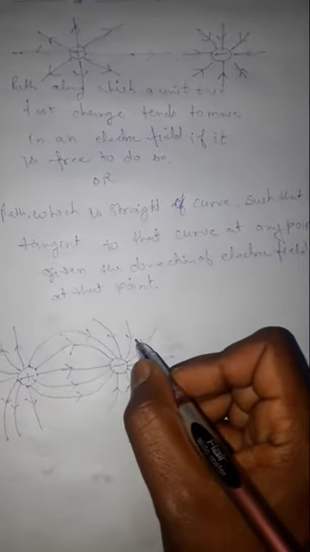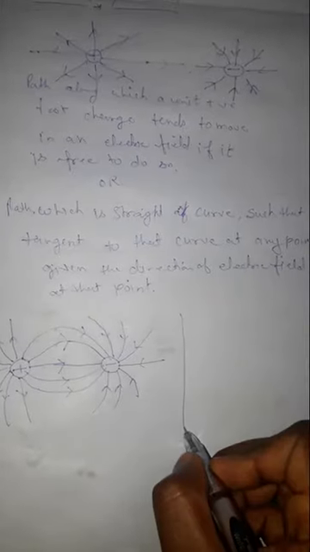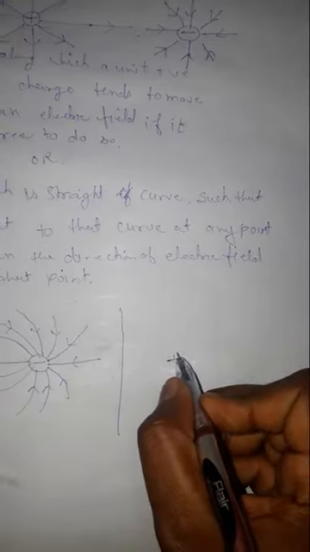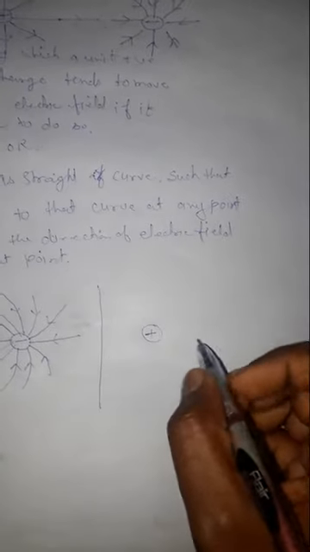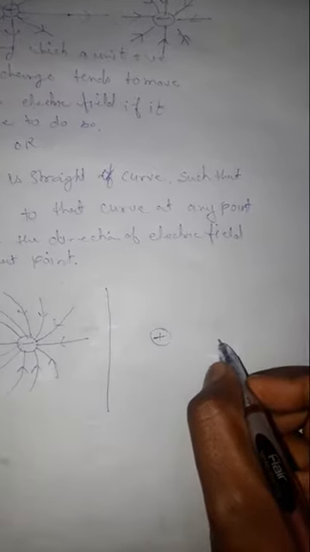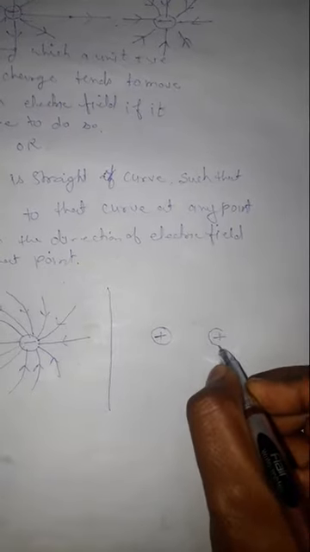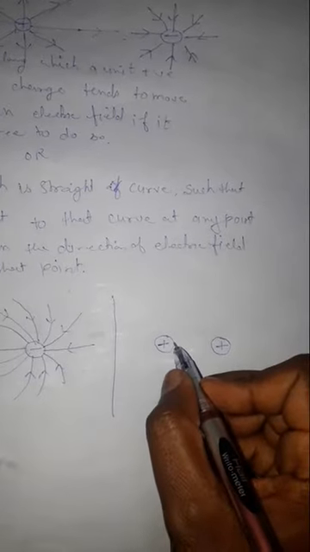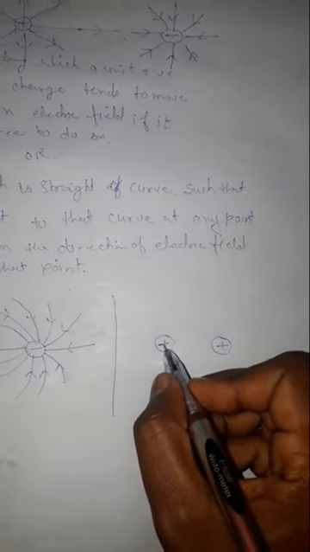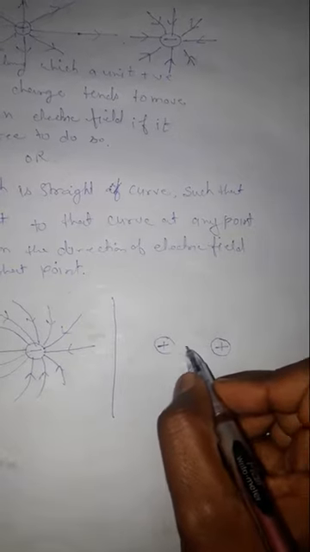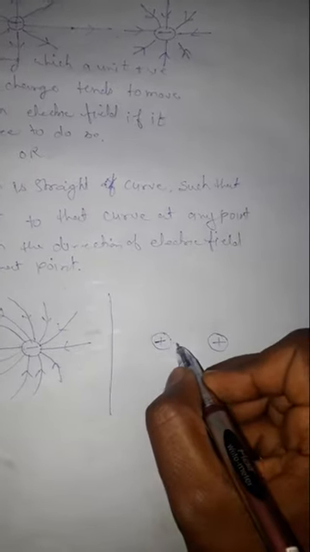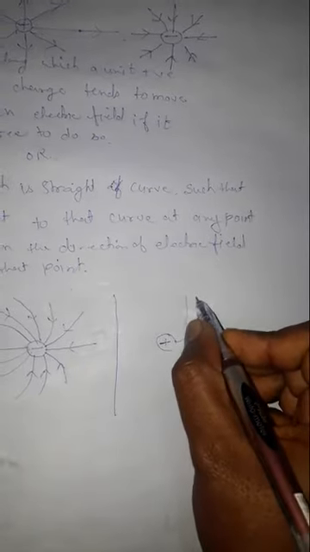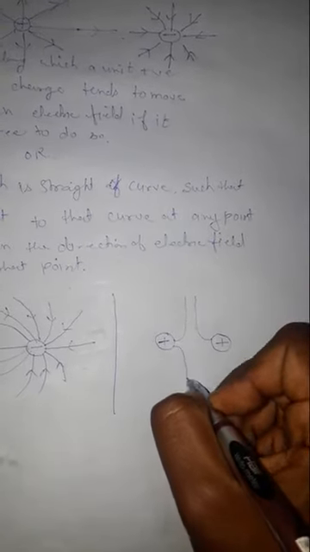In case of two similar charges separated by a certain distance, let us consider two similar positive charges, then the electric field lines, because the two charges repel each other, and hence there is a force of repulsion, there is also a repulsion of electric field lines, like this.